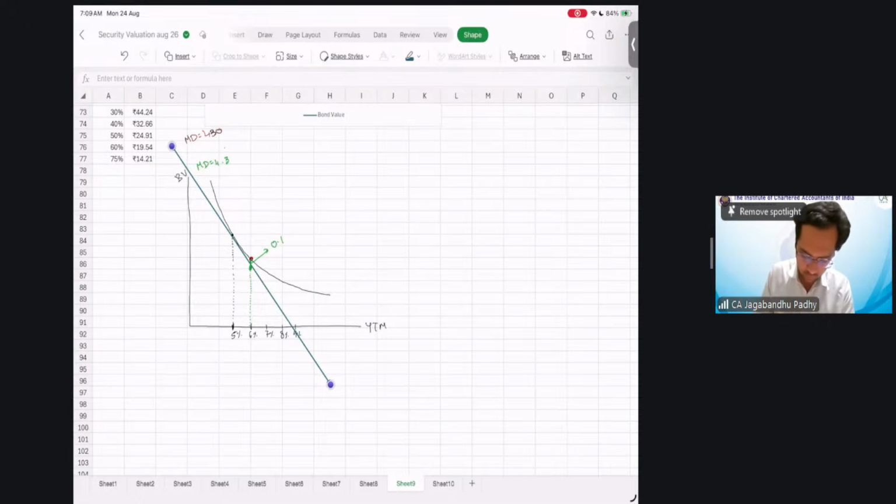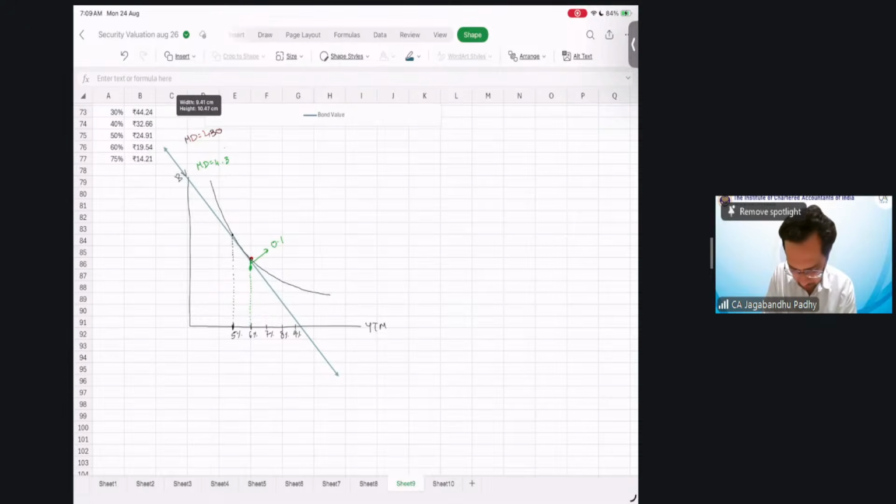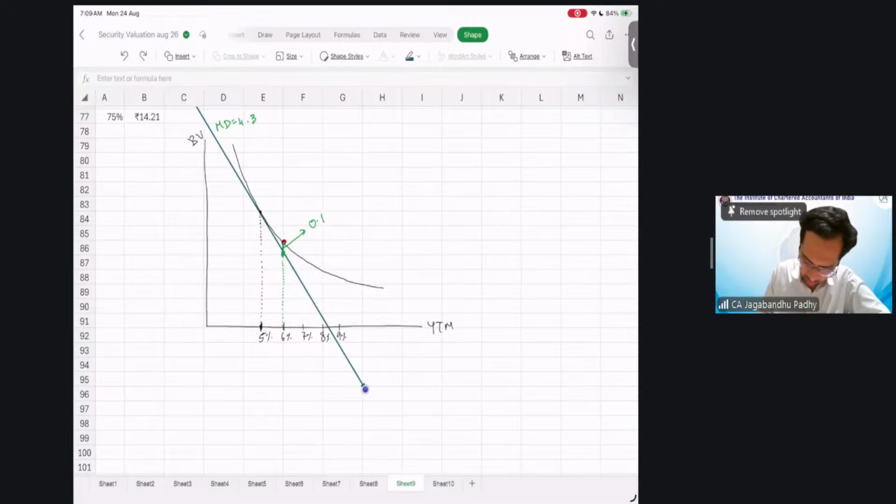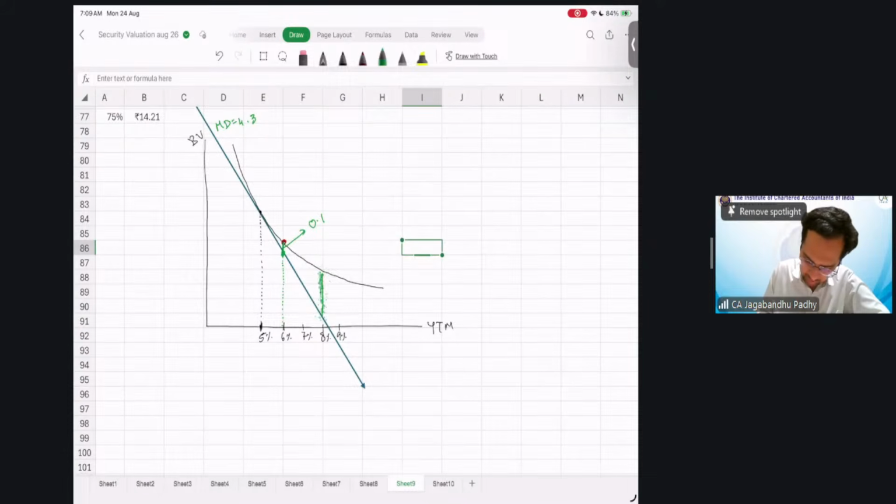And as you move ahead, you can see the error is widening, and it keeps on increasing.